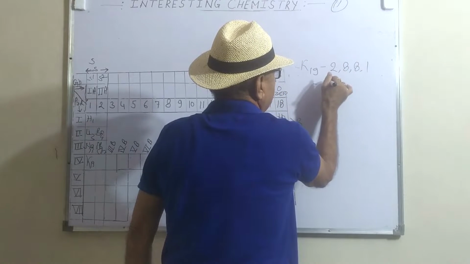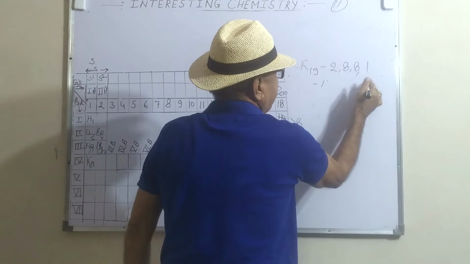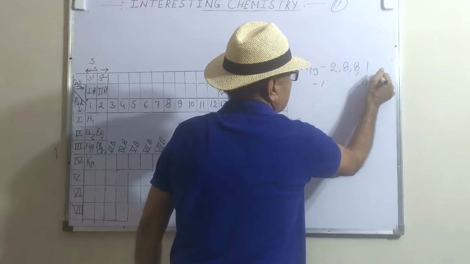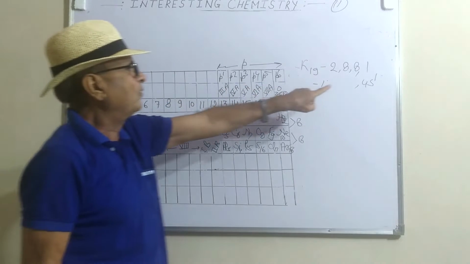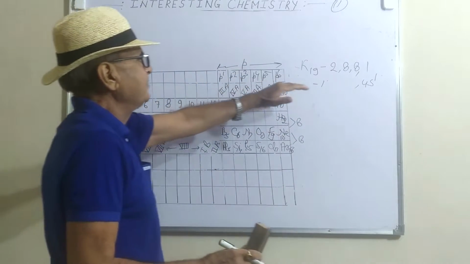The electronic configuration is 2, 8, 8, 1, and this will be 4s1. This is the fourth period, s1, so the last electron will enter into the 4s1. This one is potassium.